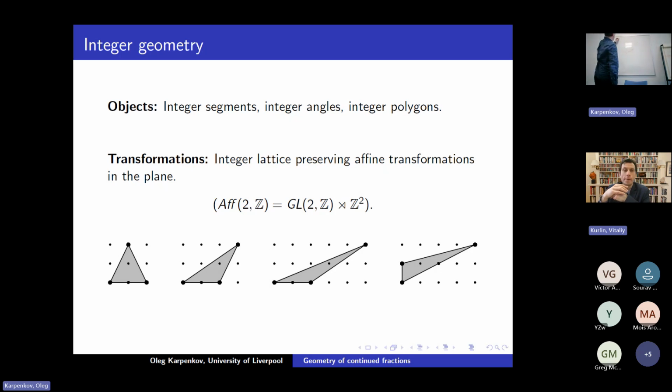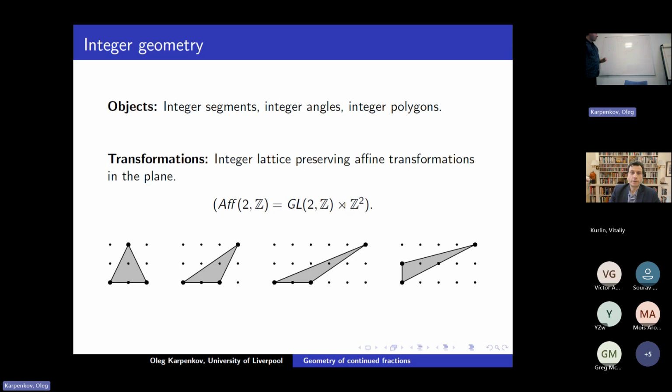So 1, 0 should go to 1, 0, and 0, 1 should go to 1, 1. So therefore you have this matrix 1, 0, 1, 1, and you need to think whether you multiply from the left or from the right. That's absolutely okay. So for the first two triangles on the slide, the transformation matrix is 1, 0, 1, 1.